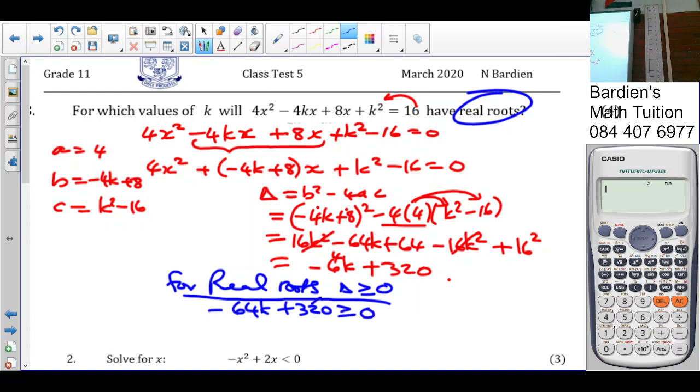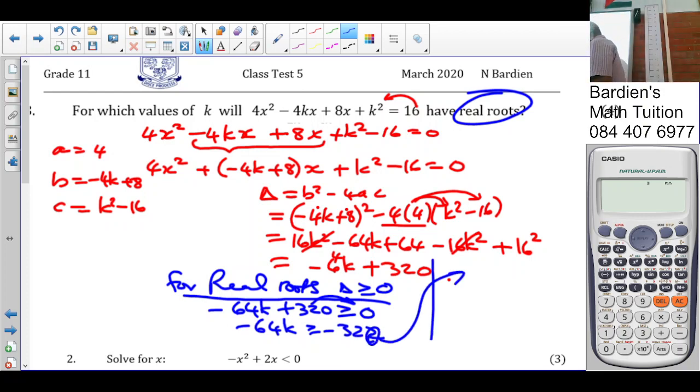So we take 320 over. So negative 64k, again leaving the 4 out, has to be greater than or equal to negative 320. So we divide both sides by negative 64. Remember it's negative, so what happens to the inequality? It swaps around. So k has to be less than or equal to 5.